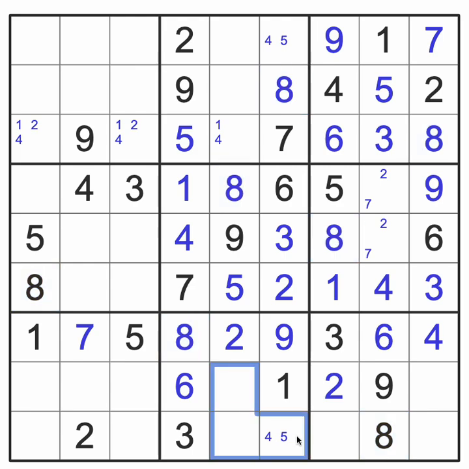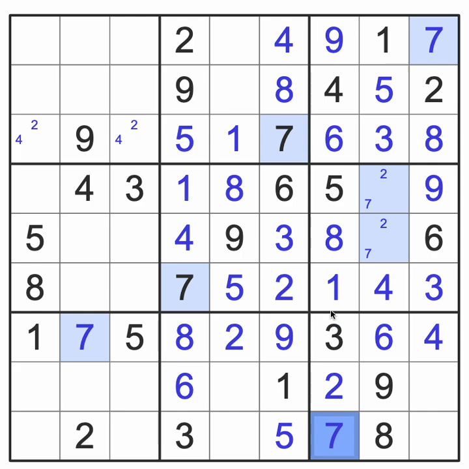And this box is looking for 4, 5, 7. So 5 here blocks these 2 cells, gives me 5 here, gives me 4 here, that gives me 1 here. That gives me 7, because that's the last number of this column.